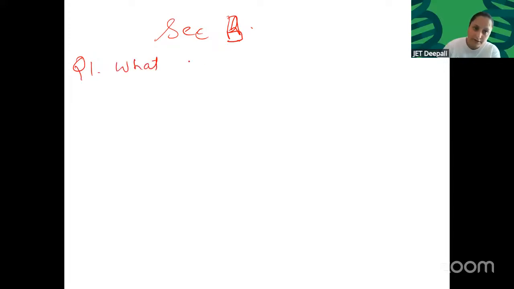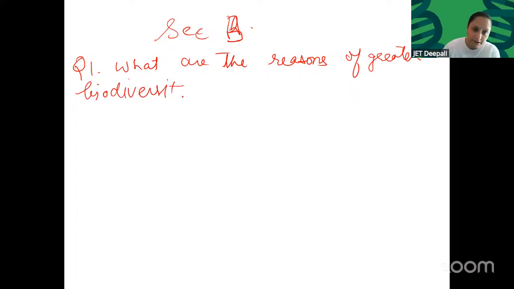Now, section B. We have done 10 questions of section A. Now we are moving on to section B. What is the first question of section B? What are the reasons for greater biodiversity in the tropics?